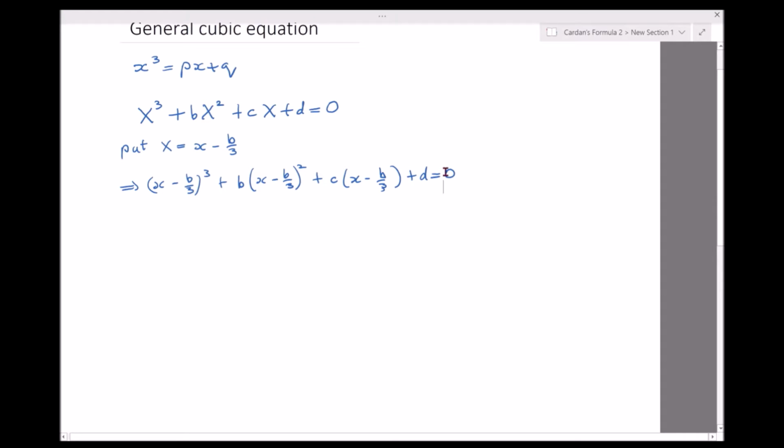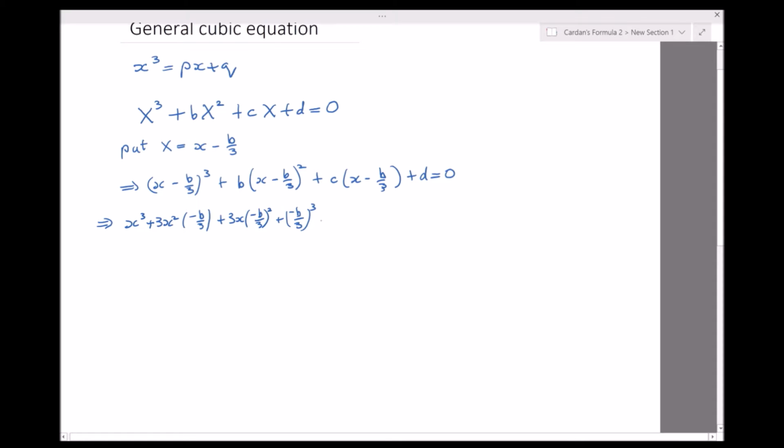Expanding this, we get x cubed, remembering Pascal's triangle, 1, 3, 3, 1, plus 3x squared times minus b over 3, plus 3x times minus b over 3 squared, plus minus b over 3 cubed.